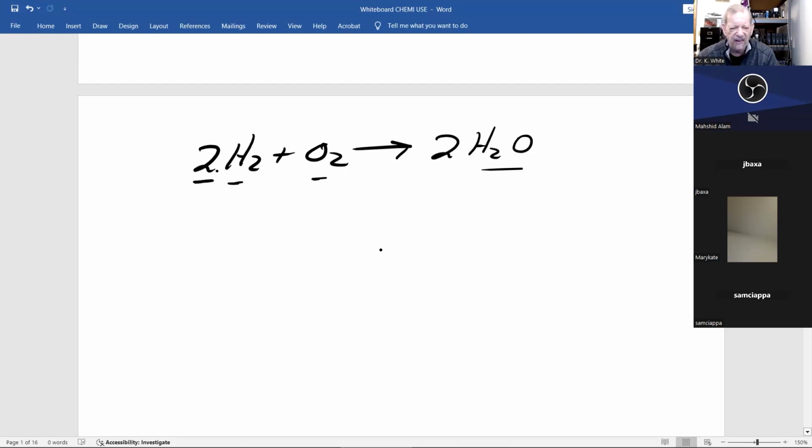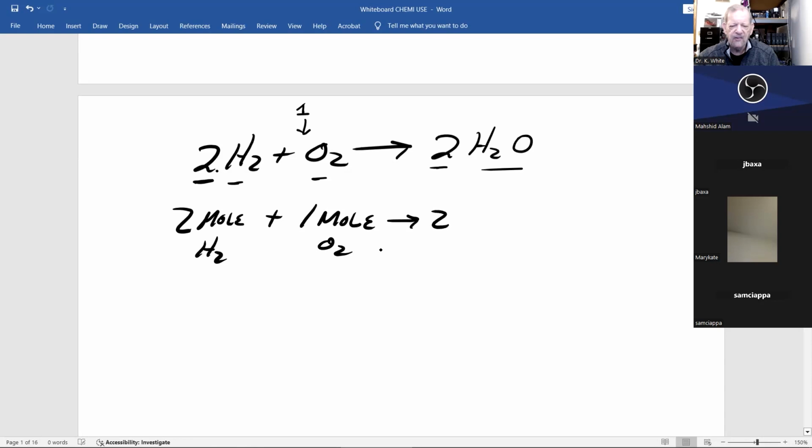the coefficient, the number in front, gives you molar ratios. And when there's no coefficient, that means it's the number 1. What this really tells you in this balanced equation, we have 2 moles of hydrogen gas reacting with 1 mole of oxygen gas to make 2 moles of water.